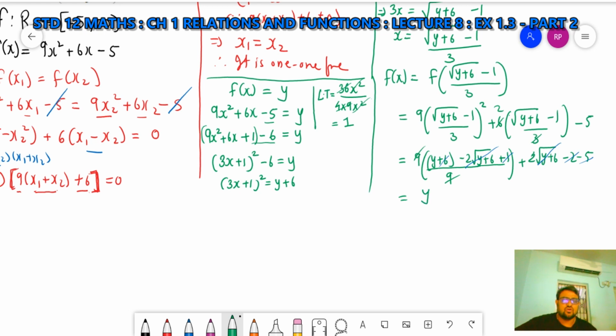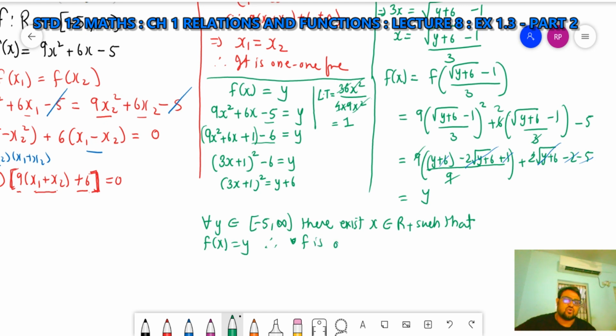Okay, so for every y belonging to the codomain, what was the codomain here? It was minus 5 to infinity. There exists x belonging to the domain such that f of x equal to y. Therefore, f is an onto function.